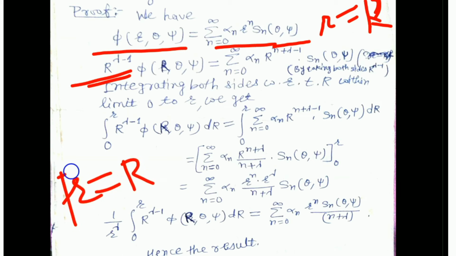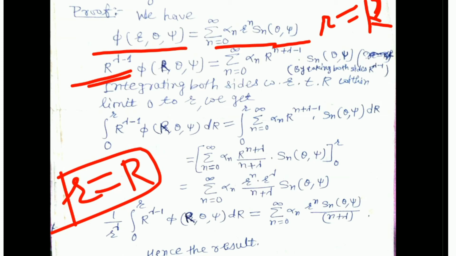So we take here r equal to R, and multiply both the sides by R^(λ-1).